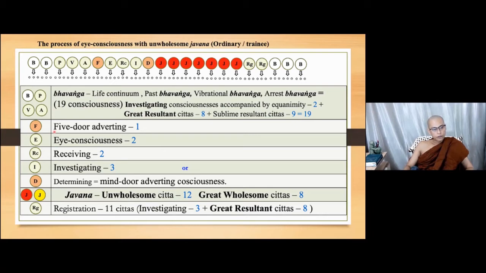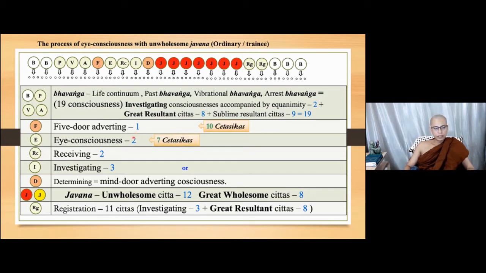For five-door adverting, it is 1. Eye consciousness can be 2 dvipancavinnana, receiving 2, investigating 3. So how many mental factors arise in each moment? Let's see. For the five-door adverting, cetasika 10 and consciousness 1, in this moment, 11 mentalities arise.